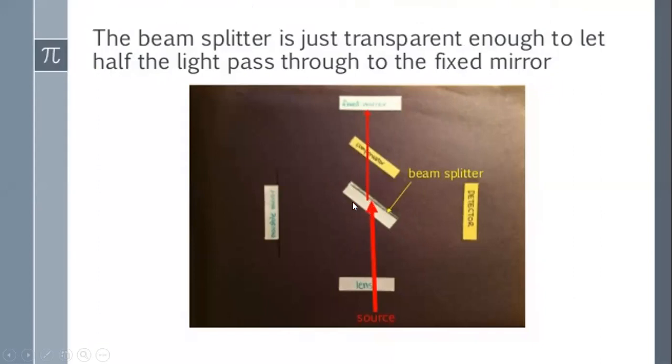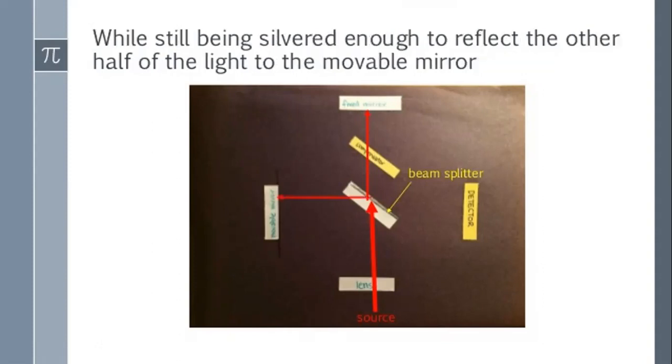So here the beam splitter is sending half of the rays to the fixed mirror, and the remaining half is sent to the movable mirror, which reflects the half of the light rays back.